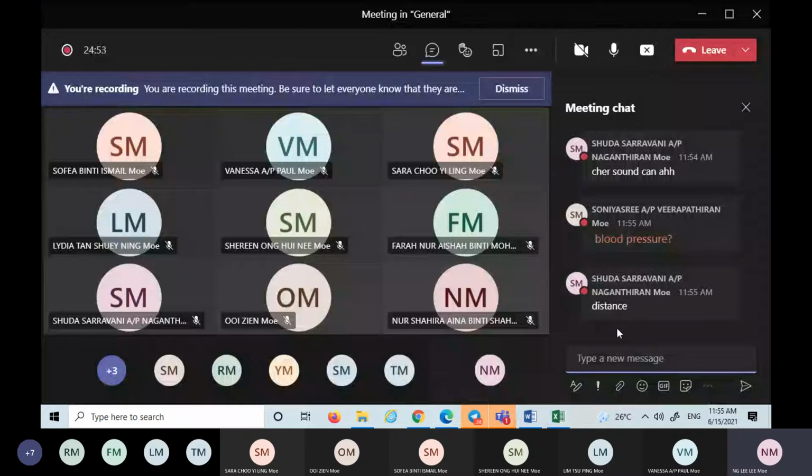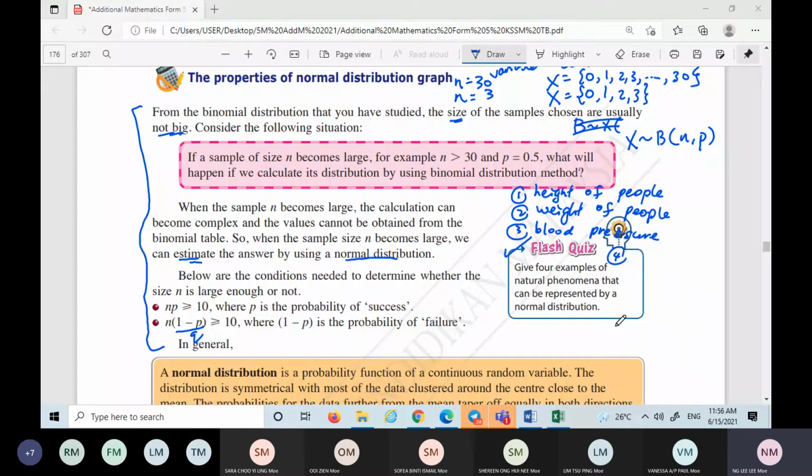Distance. Maybe this way: distance from a student's house to the school. Different students have different distances. You have to be more specific. So, distance from student's house to the school. Very good.